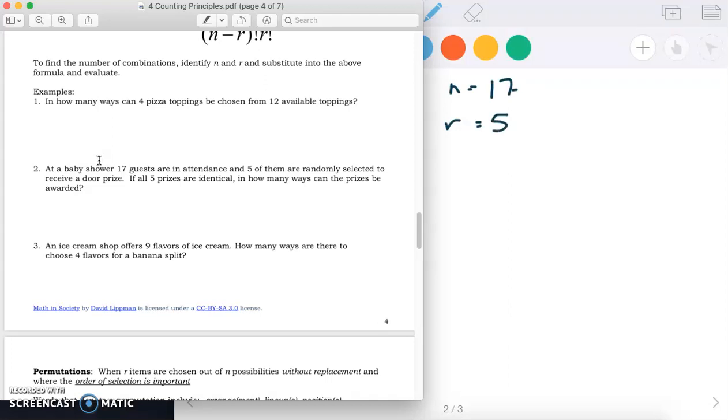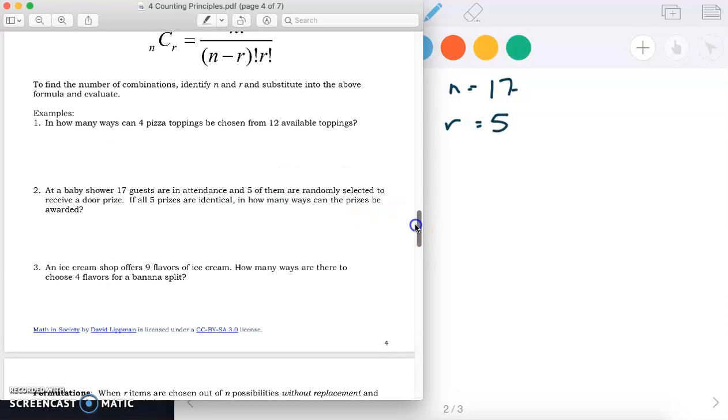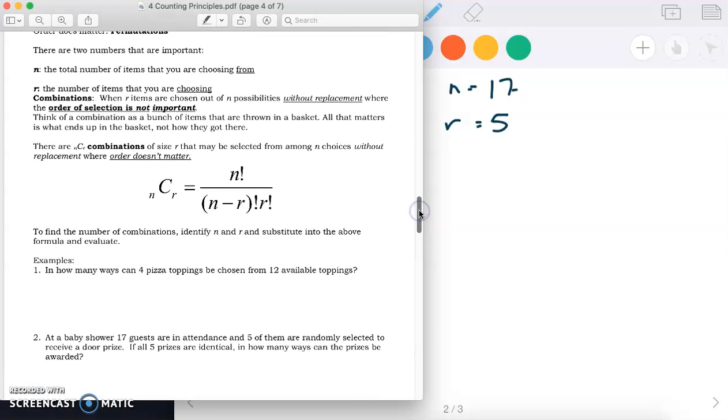So again, going back up to our formula right here, we would have 17C5 combination equals 17 factorial over 17 minus 5 factorial times 5 factorial.